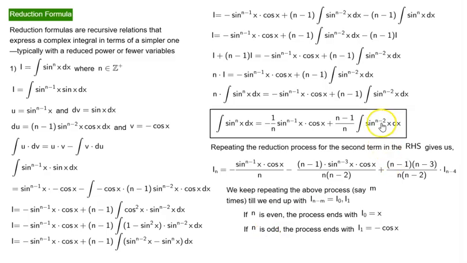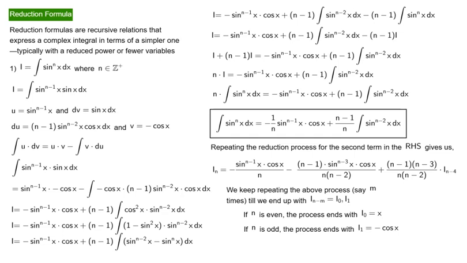If n is odd, repeatedly subtracting it with 2 will give us finally what? It will give us integral sine x dx. And integral of sine x dx is minus cos x. So this is the process.